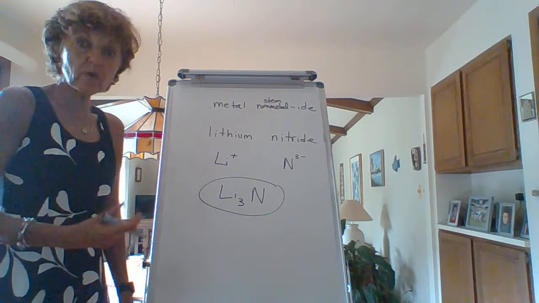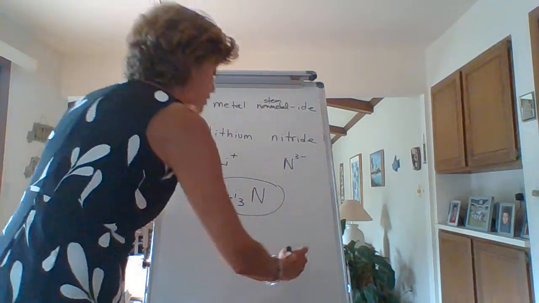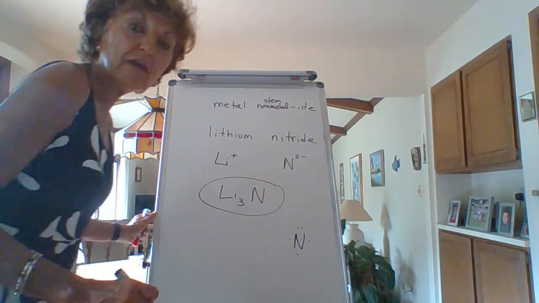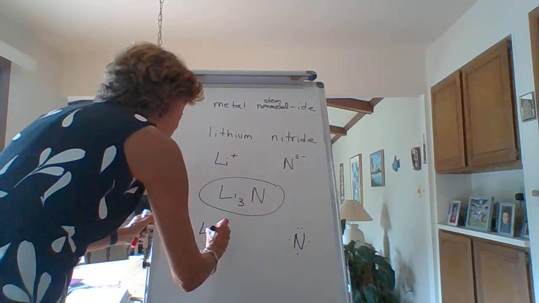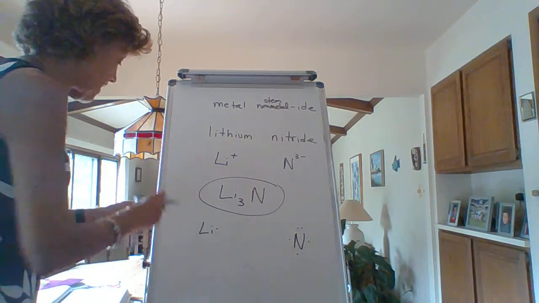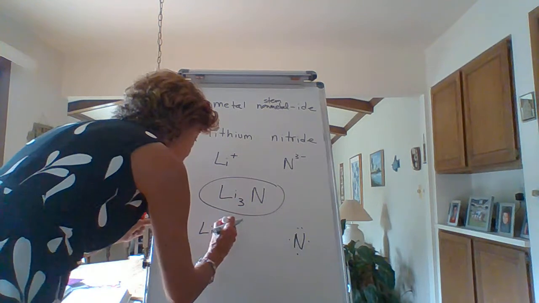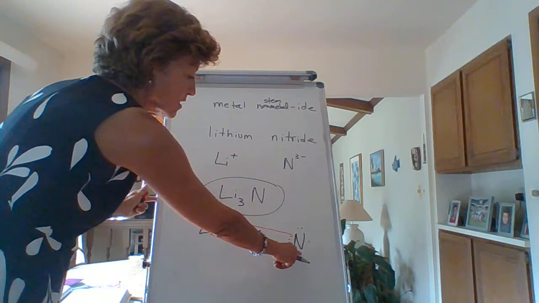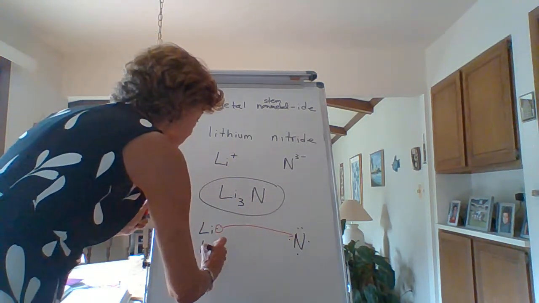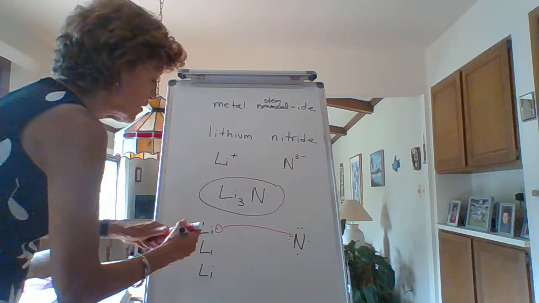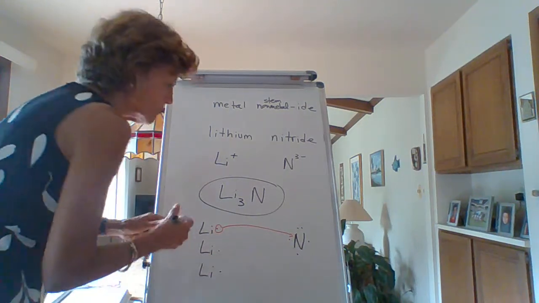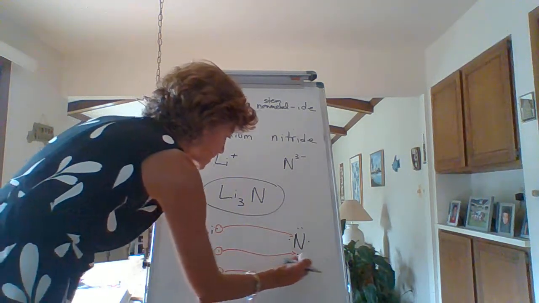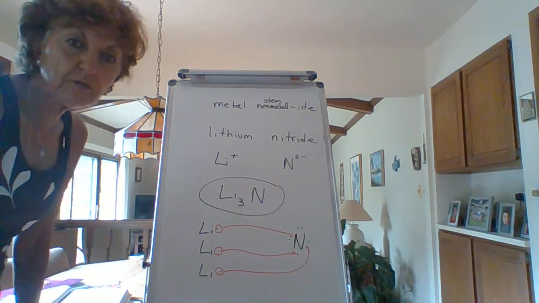If you wanted to show electrons being transferred, this is what you would do. You would have a nitrogen with its 5 valence electrons, and then you'd have a lithium with 1 valence electron. And then you would say, okay, I'm going to take this and transfer it here. But then you say, oh, but the nitrogen needs 2 more. So that means you're going to have a total of 3 lithiums, each one of them transferring 1 electron in order for the nitrogen to be okay.